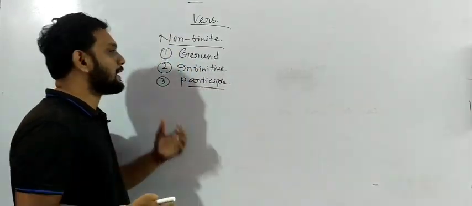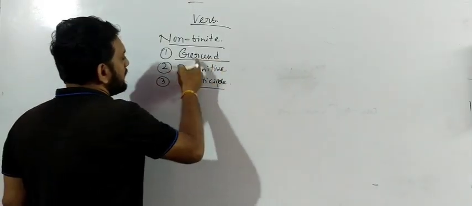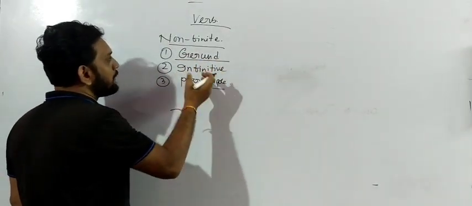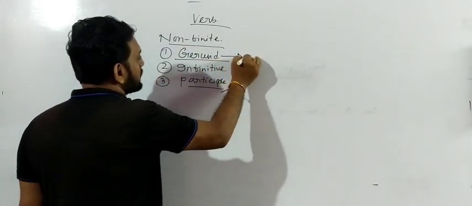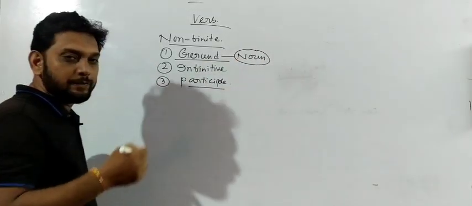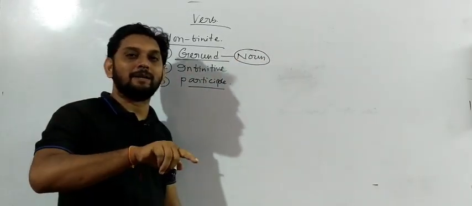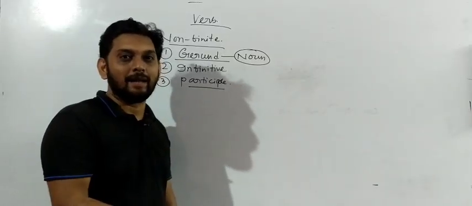Let me give an example, my friend. Gerund is a form of a verb, but the fact is that it always acts as a noun of a sentence. My point is, it is a form of a verb, but it never acts like a verb. It always acts like a noun.